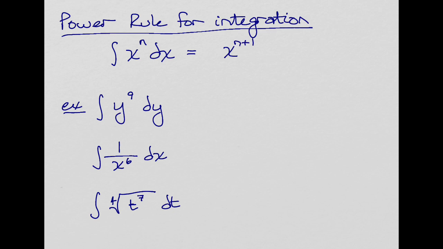And I'm dividing by the new power. Plus our constant of integration. So sometimes you see it written like that. I tend to do it like this. X to the n plus 1 over n plus 1. Whichever way makes more sense to you is fine. They're exactly the same.